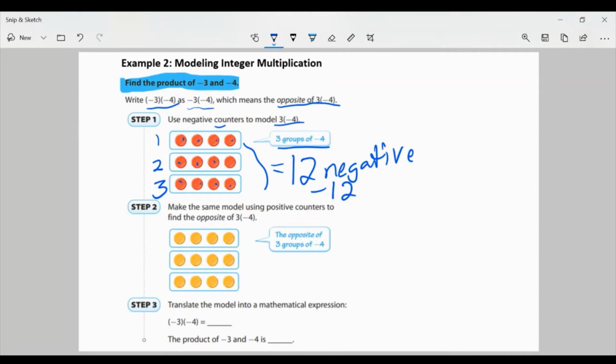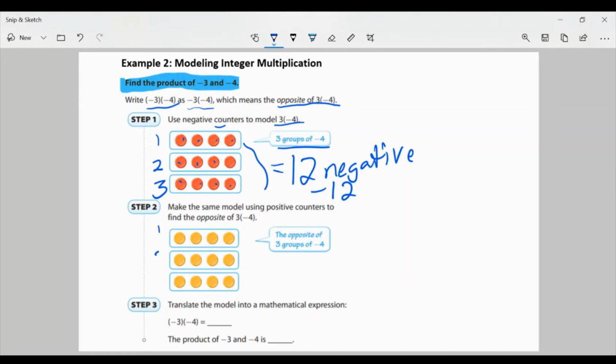Now, in step 2, we want to make the same model using positive counters to find the opposite of positive 3 times negative 4. So we would do the opposite of what we did in the first model, which gives us 3 groups of positive 4.